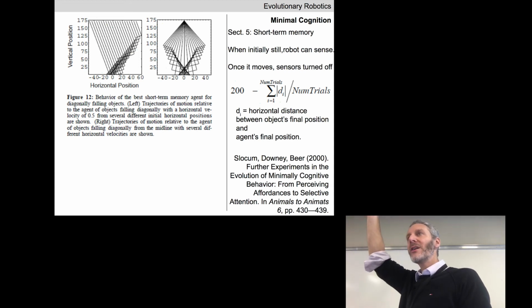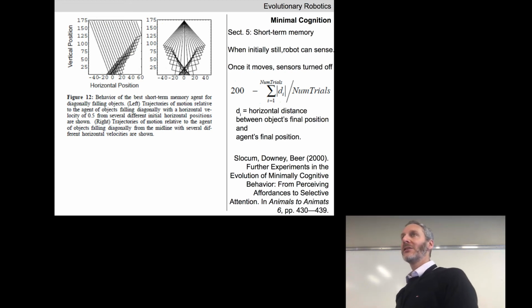We know how the objects are falling. They're all falling at the same velocity, at the same oblique angle, regardless of where they drop from at the top of the screen. What is the robot doing? It moves to the left, almost like it's moving towards where the object started, horizontally, but where it won't hit when it gets to the bottom.